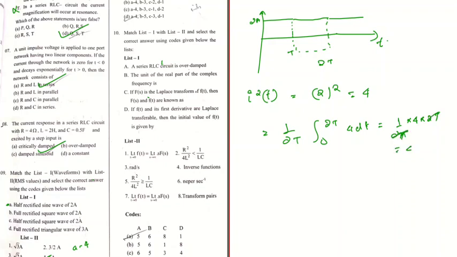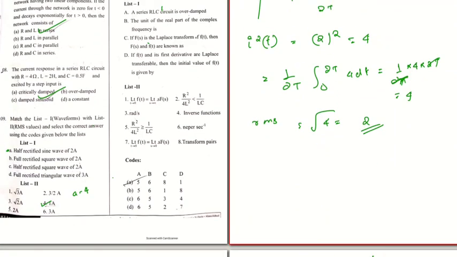So I will get 4. This is the mean of i square. We have to find the RMS value, that means the root of 4, that is 2. And B's answer is 2, that is 5.